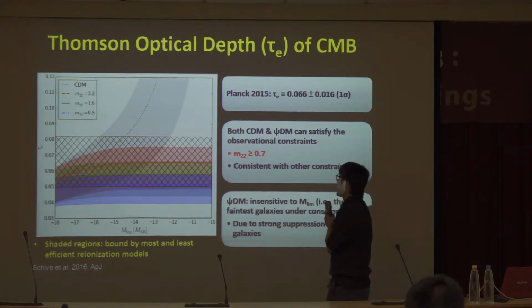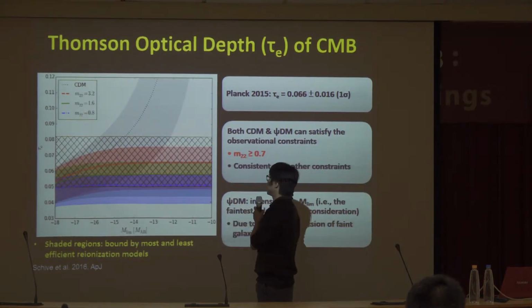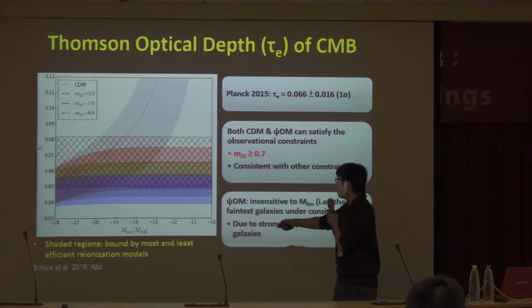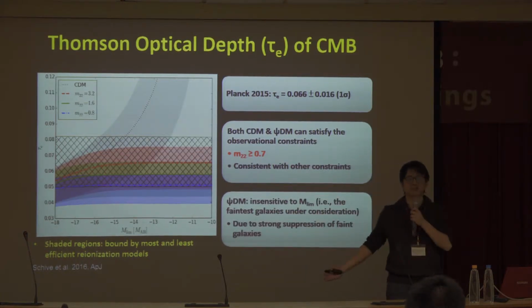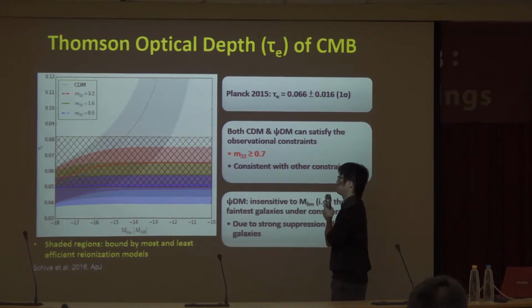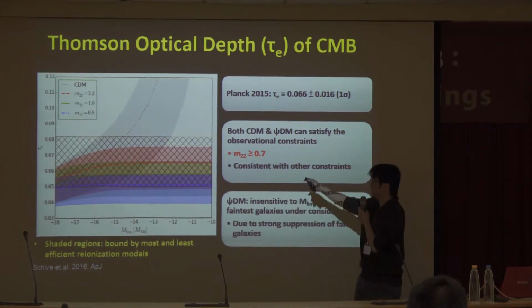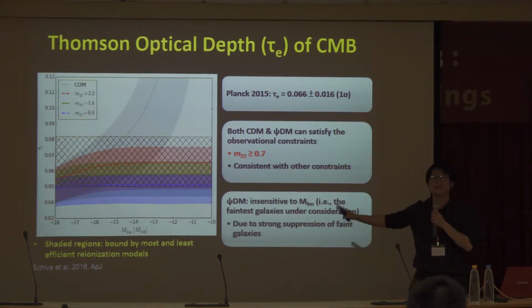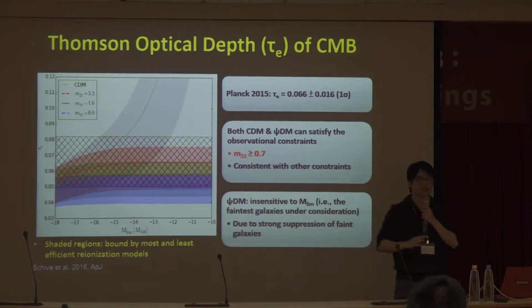But this figure shows that the model can also be consistent with observations. And the smaller the particle mass, the smaller the optical depth, which is expected. From that, you can derive, again, a lower limit of the particle mass, which is about 0.7. So this constraint is not very strong, but again, consistent with all the constraints I showed you previously.